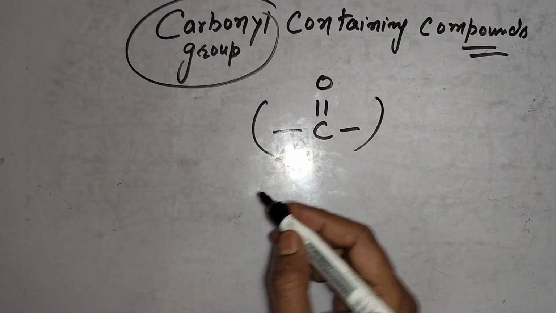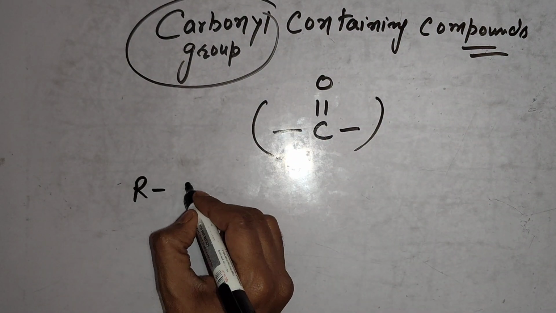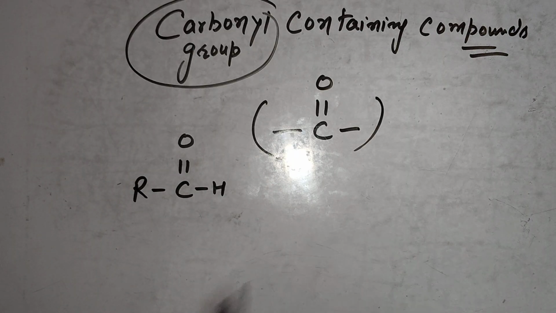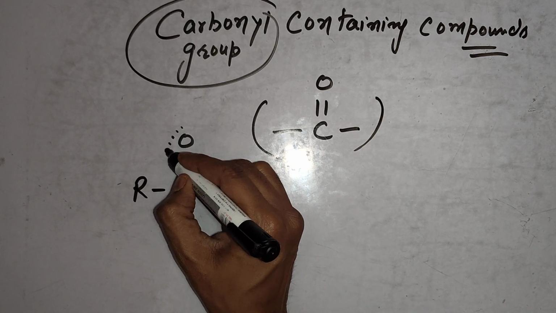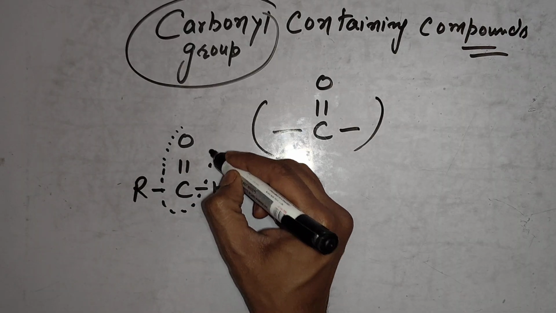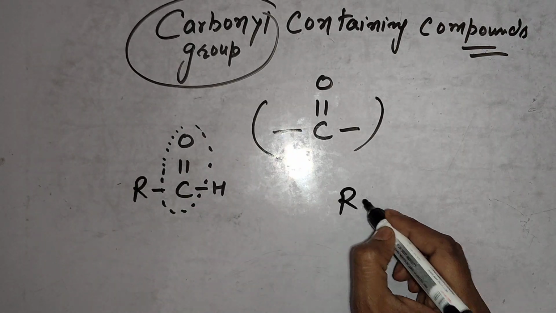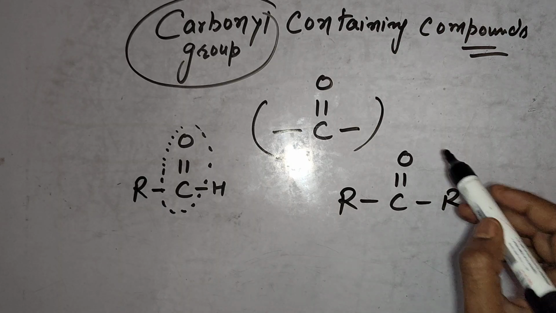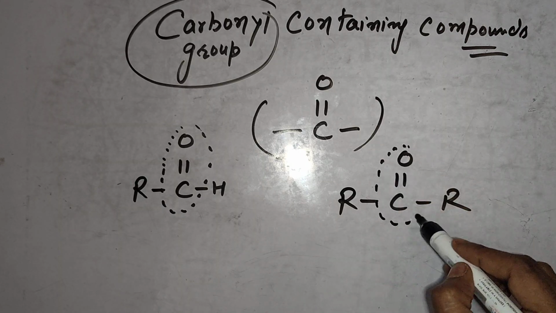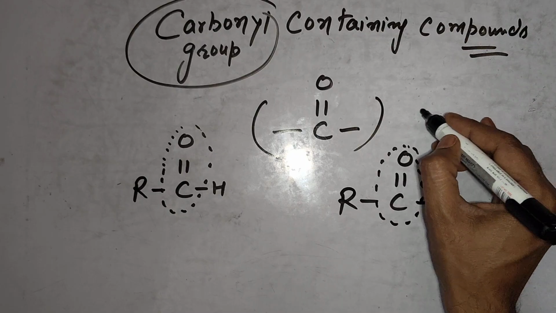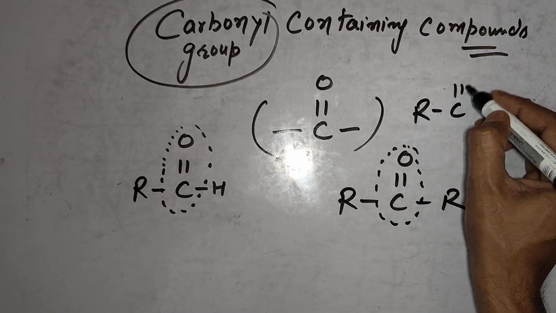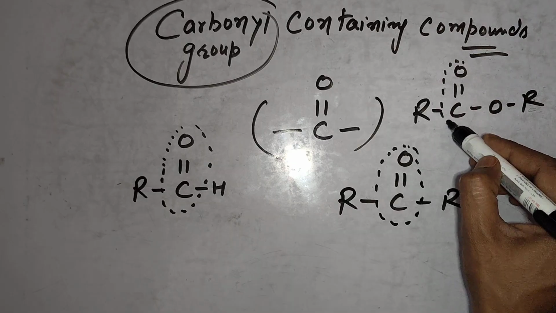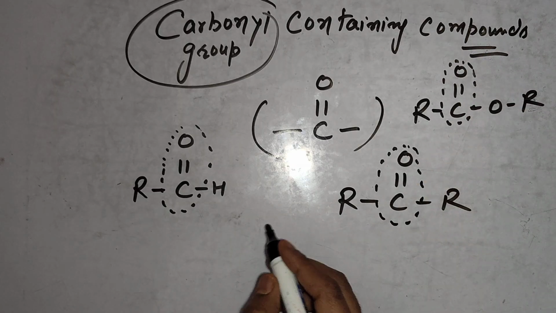For example, aldehyde. Check this. This is the general formula of aldehyde. What is this? Carbonyl group. Ketone. This is the general formula of ketone. Carbonyl group is there. Esters. Carbonyl group is there.